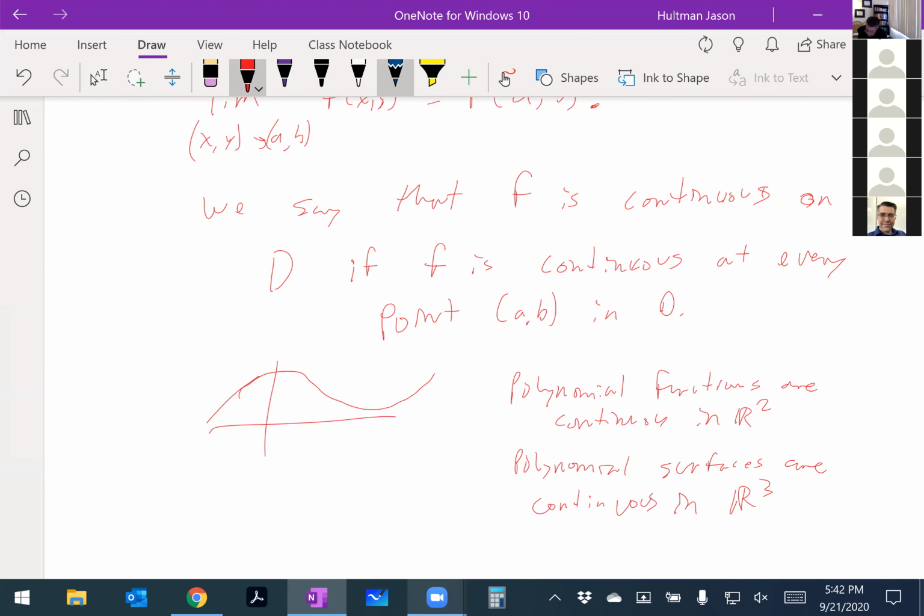So if we kind of extended this out, this is like a sheet, maybe a sheet of metal or something, right? So these are polynomial surfaces. They are also continuous. Just kind of extend it out, your understanding there.